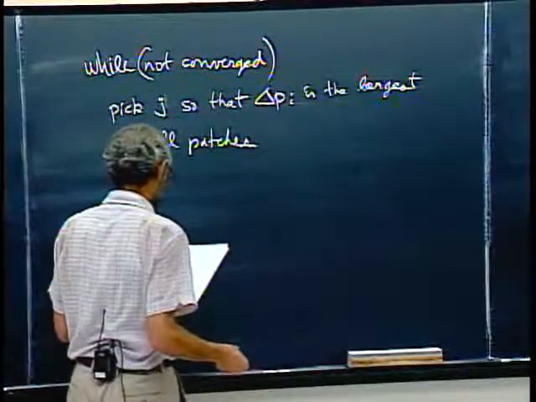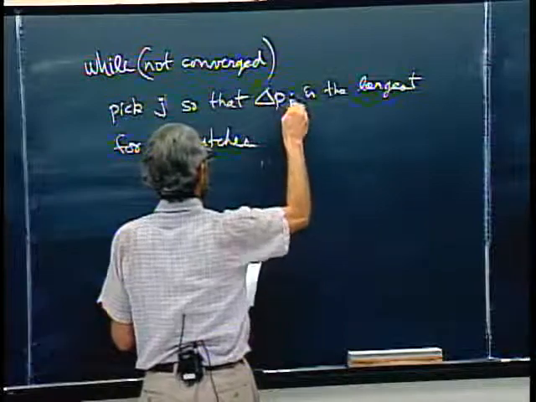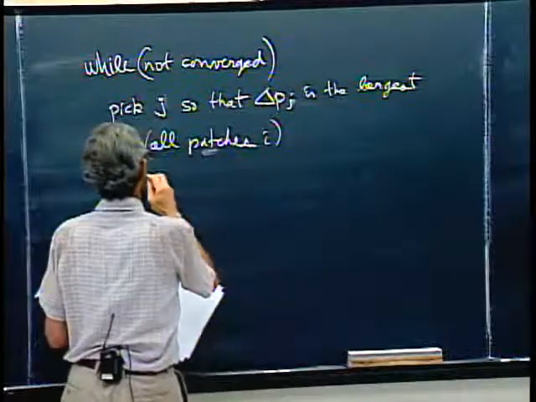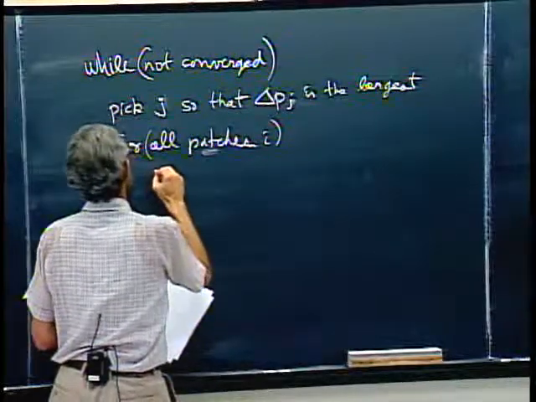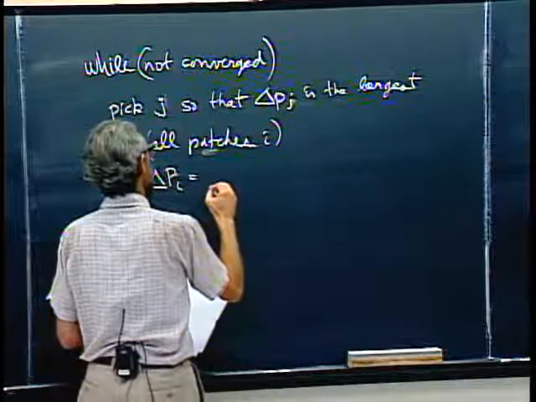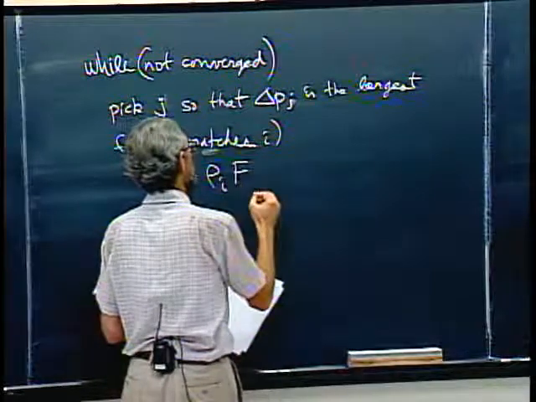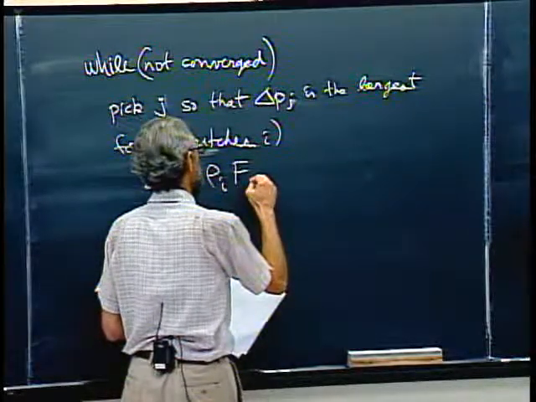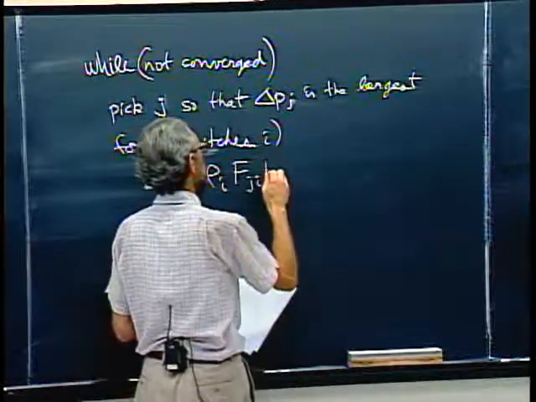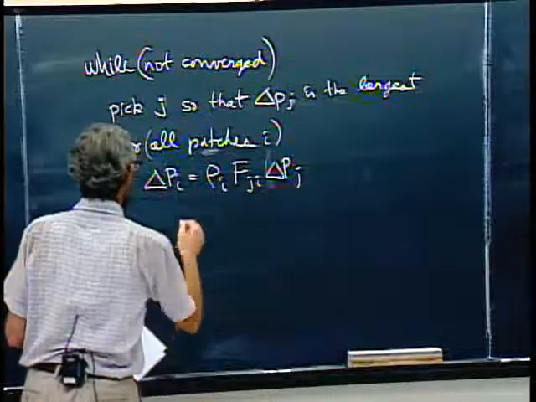For all patches I, the unshot power on patch I equals rho I times F, the fraction of the jth power that's going to hit patch I, times the unshot power on the jth patch, plus equals.